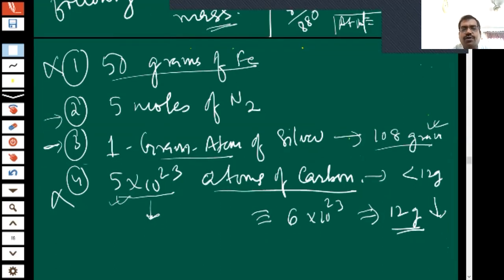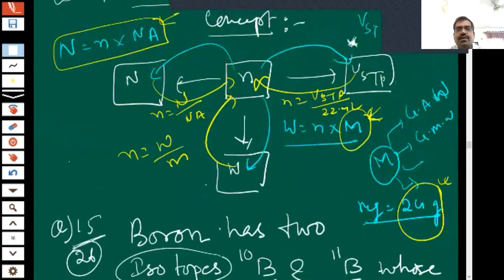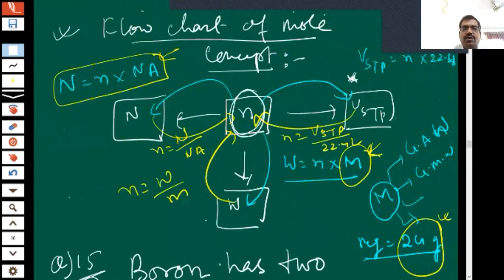Let us see option 2. So 5 moles, children. They are asking to calculate the weight. So we are moving from number of moles to the weight. And what is the formula for that?